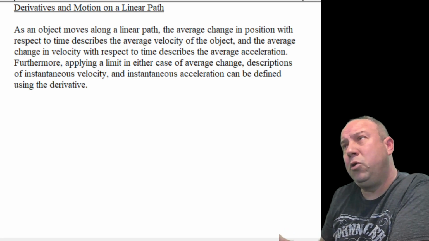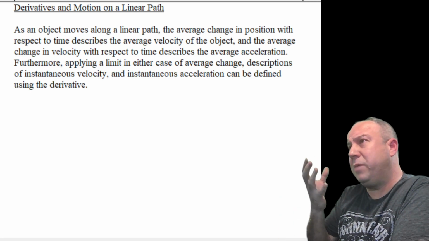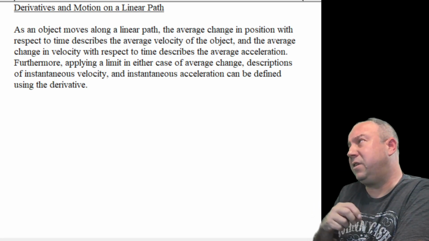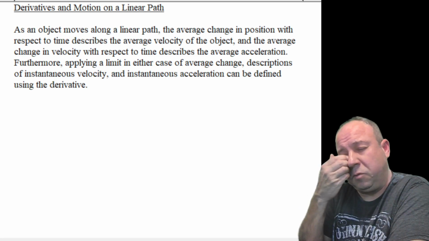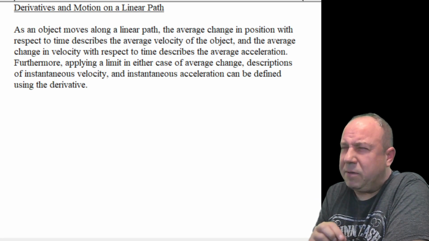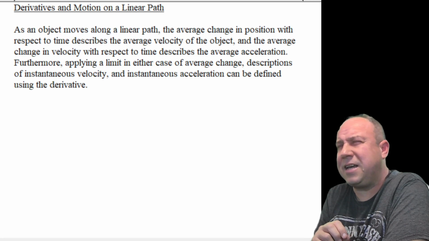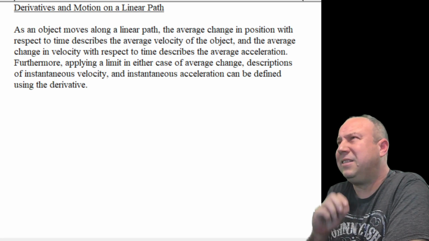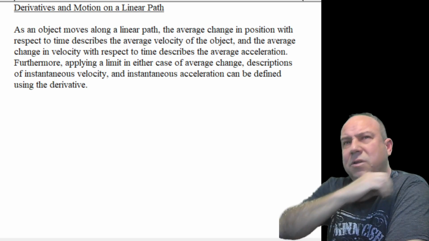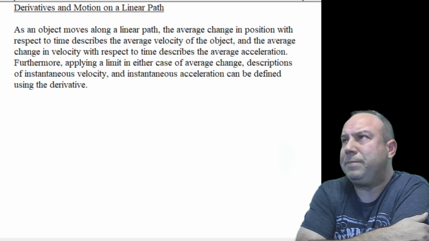If you want to move off into some two-dimensional space and move around, or if you want to move off into some three-dimensional space and move around, you're going to need a way of describing position with respect to time a little differently, right? And that's where the use of vectors is going to come in.